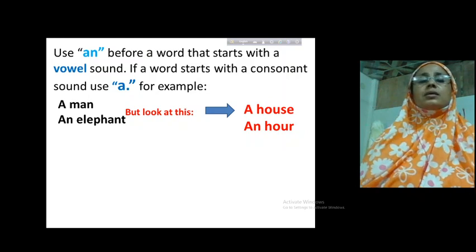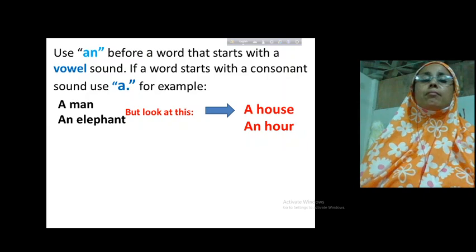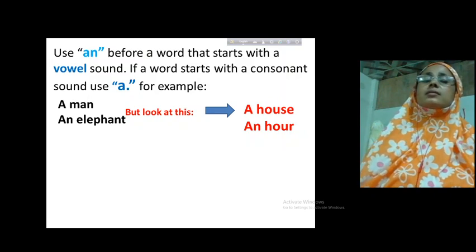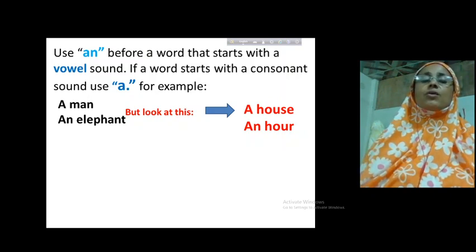We put a before man, as the word man begins with a consonant M. Again, we used an before the word elephant because elephant begins with the letter E and it sounds like a vowel.